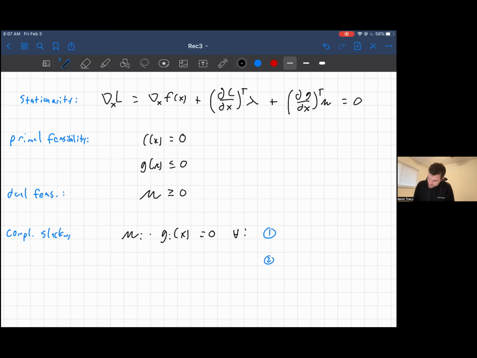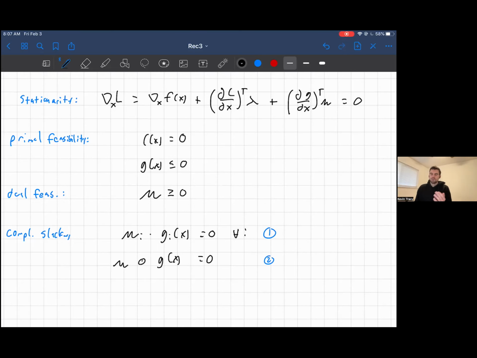Second way you'll see this is just mu, then some dot, and then g equals 0. So this is the Hadamard product, which is going to be specific to what sort of inequality constraint you have. But we just have a normal inequality, so we're not doing anything with cones yet.